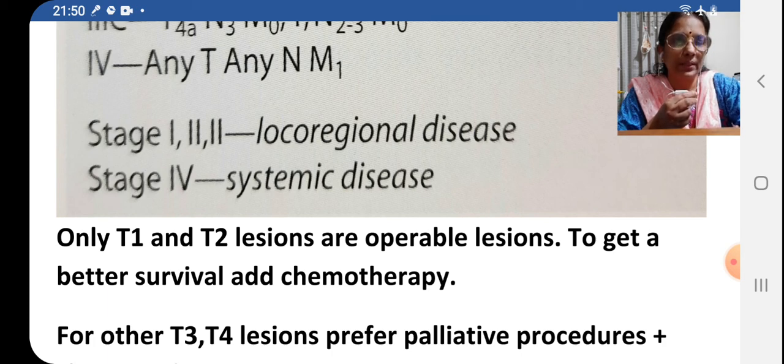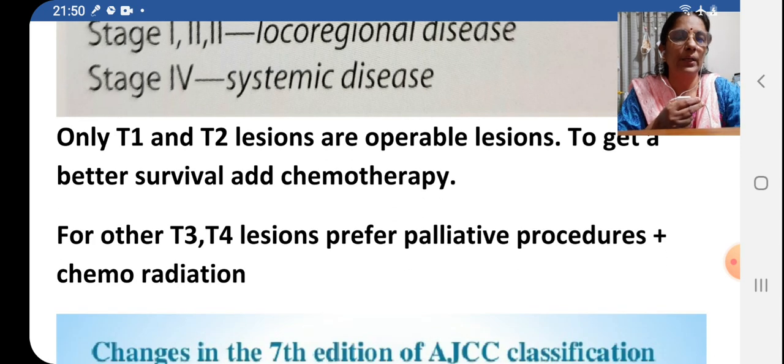To get a better survival, you have to add chemotherapy also. After surgery, this is an operable lesion. So you have to do surgery for these T1 and T2 lesions, and after that, post-operatively, you have to add chemotherapy also. In that case, the survival rate is very good. What about T3 and T4 lesions? T3 means involvement up to the serosa.